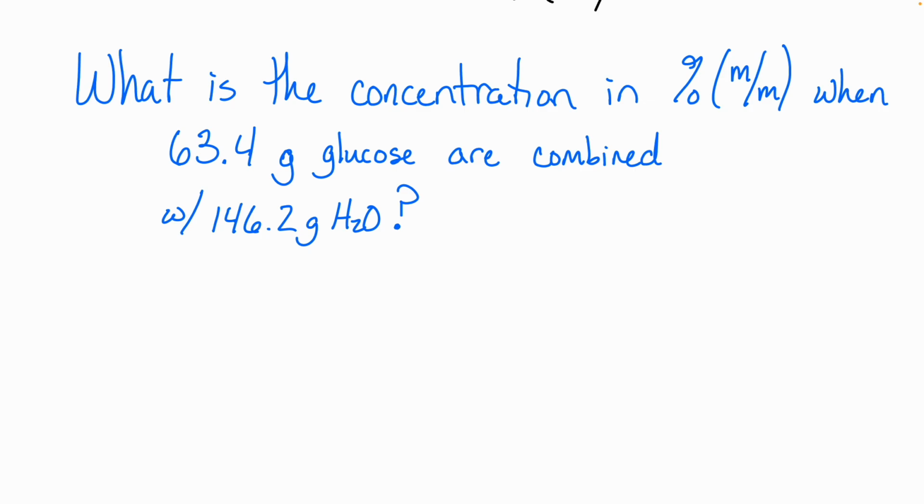We're going to make this solution where we're going to take 63.4 grams of glucose, and we're going to combine that together, dissolve it with 146.2 grams of water, and you are going to tell me what that percent m over m is for that solution.